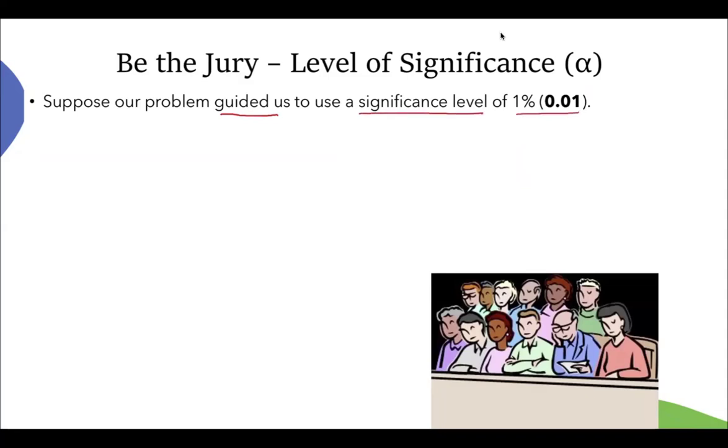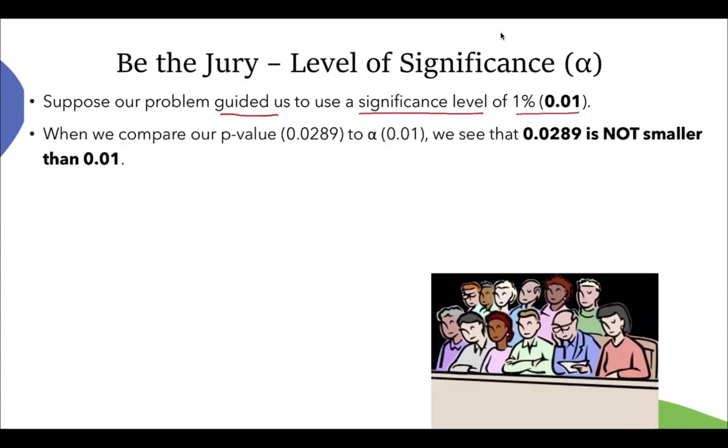So an alpha of 1%. We calculated our p-value, and then we compare our p-value to alpha. Looking at 0.0289 and alpha of 0.01, we see that our p-value is not smaller than alpha.